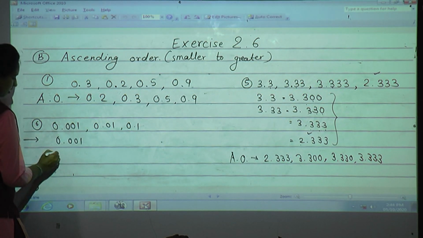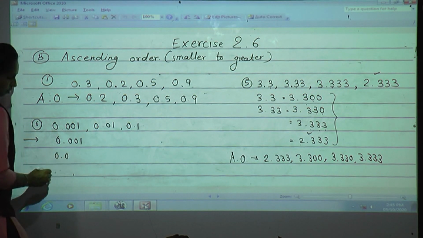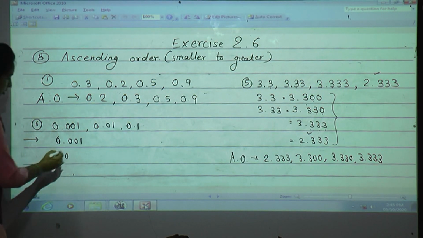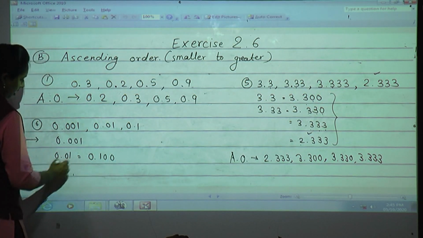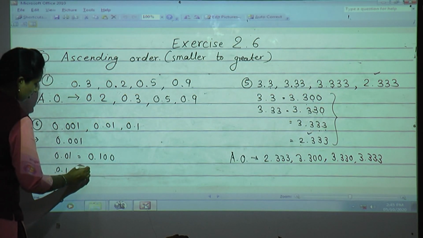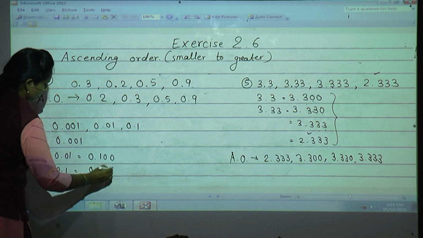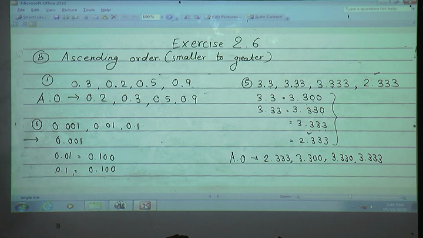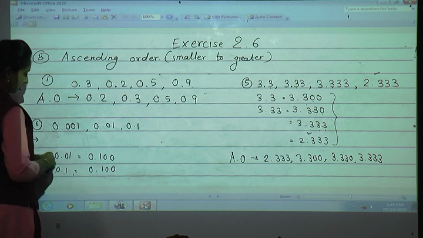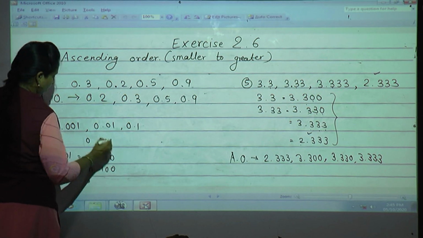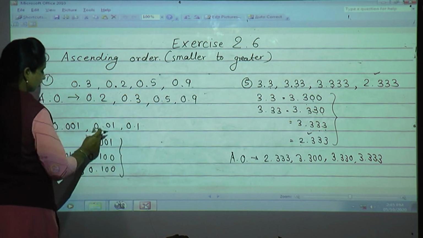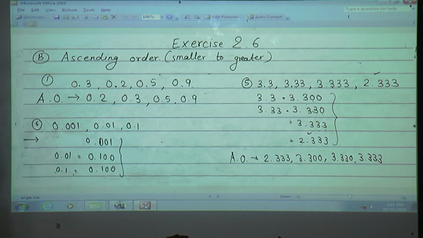Okay, the next 0.01 means we can add one more 0 here, and 0.1 means 0.100. I'll write this number here, 0.001. Now we need to compare these 3 numbers to write in ascending order.